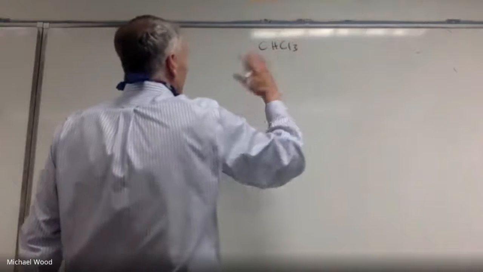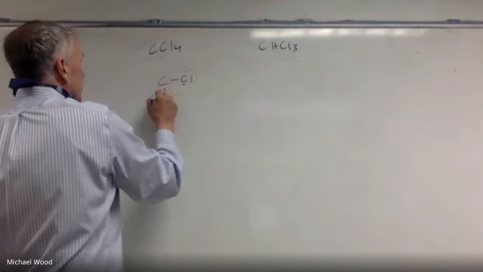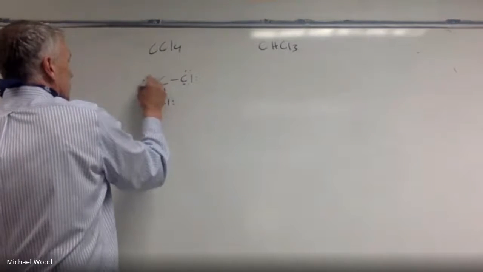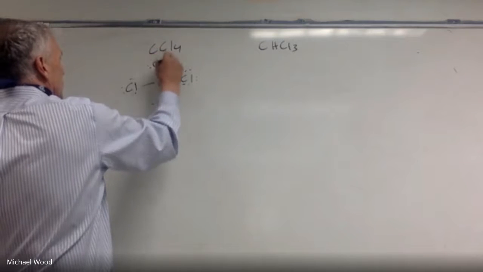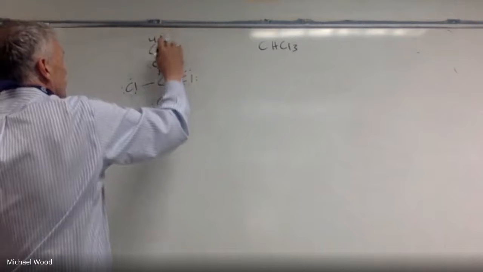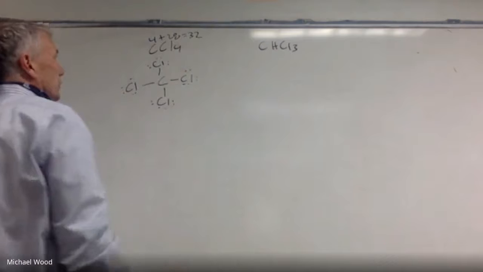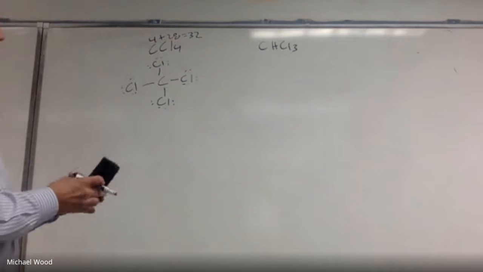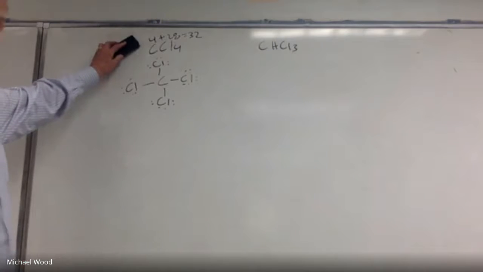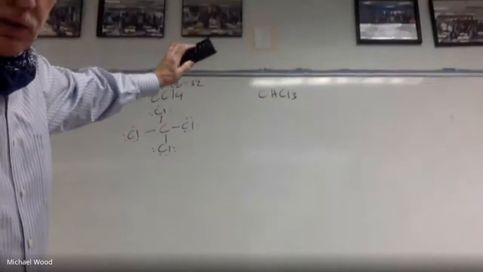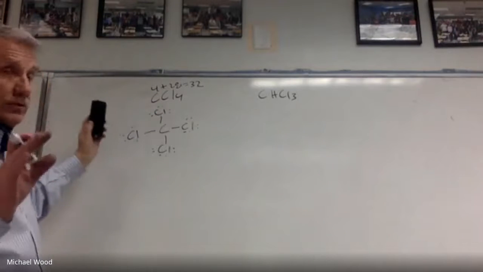So if I did the dots in both of these cases, I have 4 plus 7 times 4 is 28, so I get 32 total dots. If I go back and just do the dots, and then I've got 8, 16, 24, 32, so it's all good.